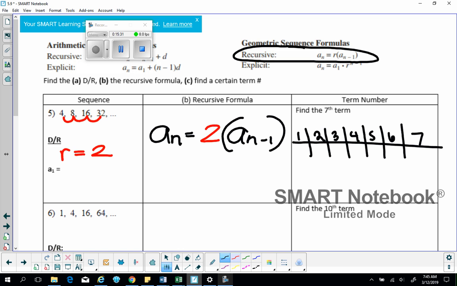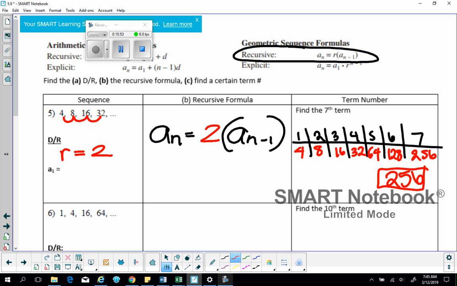Then I start with 4, sorry, then 8, 16, 32. What are the next three terms going to be? 64, 128, 256. So my seventh term is 256.